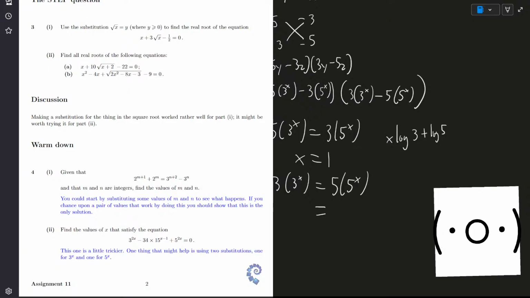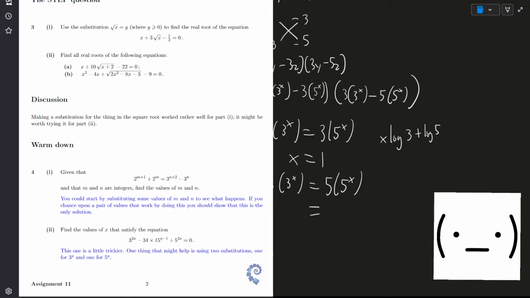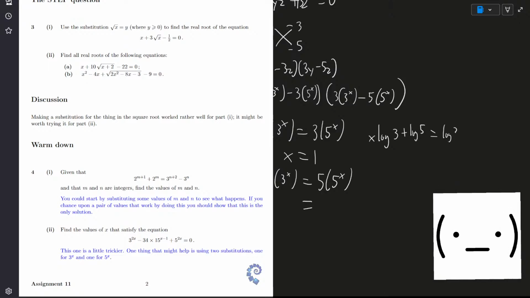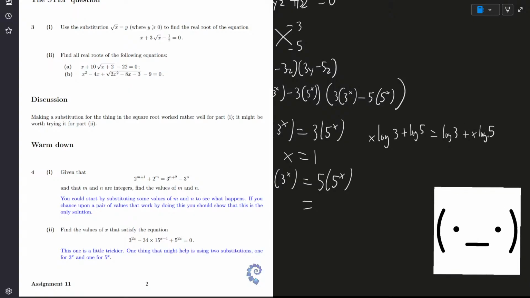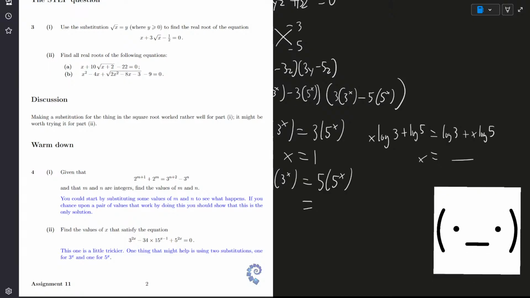I'm pretty sure that's how log laws work. Skipping some steps because I'm a lazy bastard.